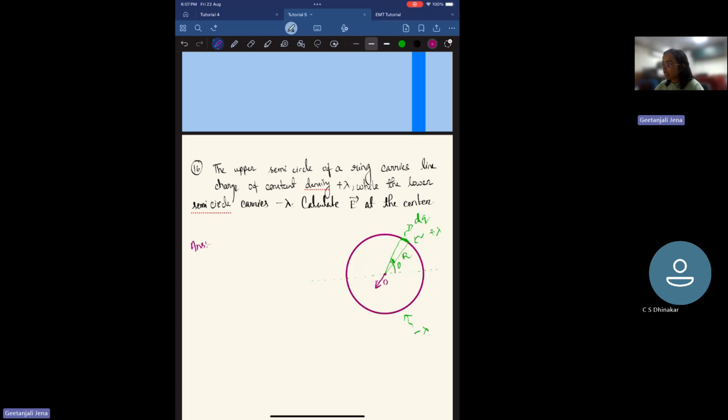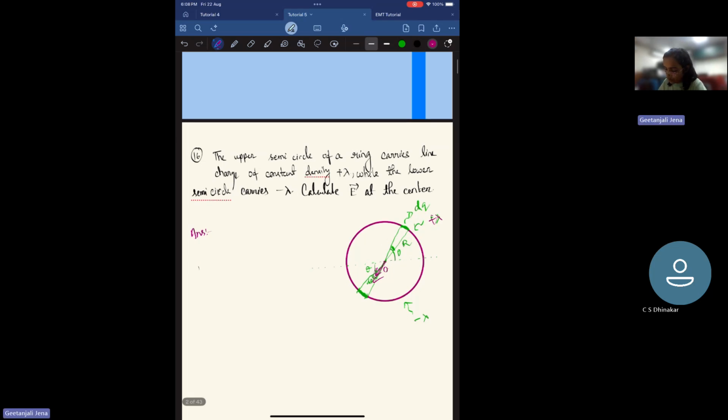And if you see, there is a symmetric length element on the opposite side of this circle, at the same angle theta, with d theta. For this length element, we'll also have an electric field pointing in the same direction, because this is minus lambda and this one is plus lambda. So both electric fields are in the same direction.